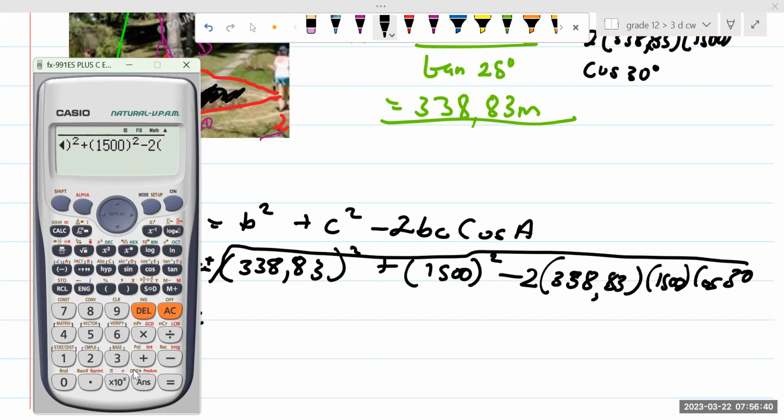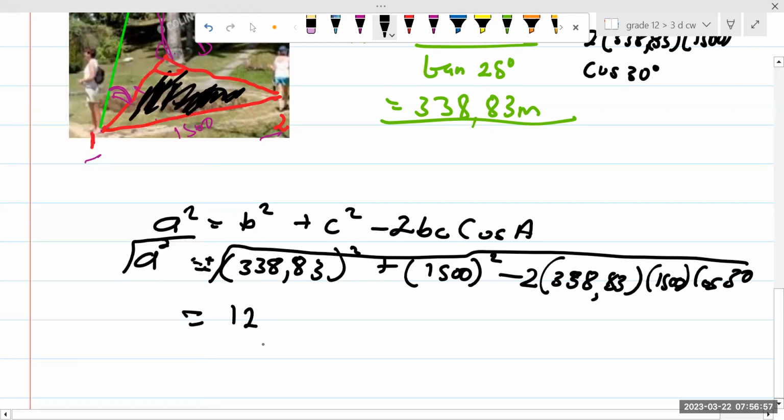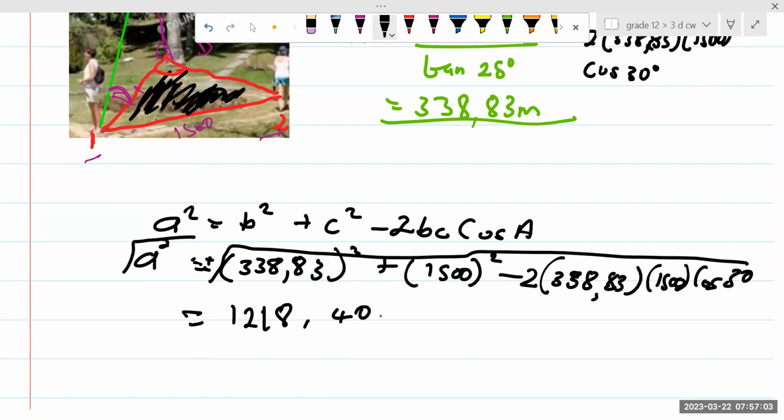I can put this as an answer, I've already got it in the previous example, if you remember. So I have 1,500, close bracket, and then the cos of 30. And then we get 1,218.40.